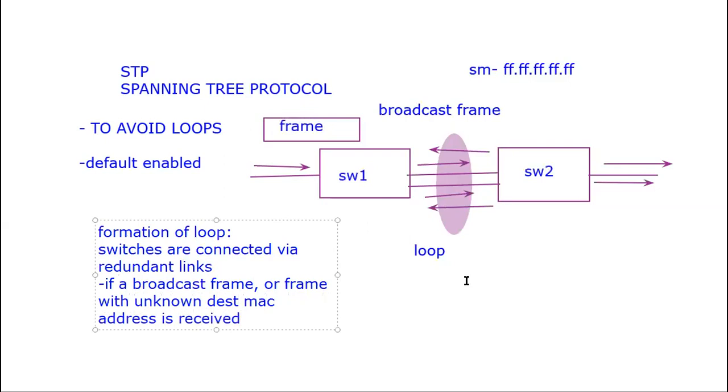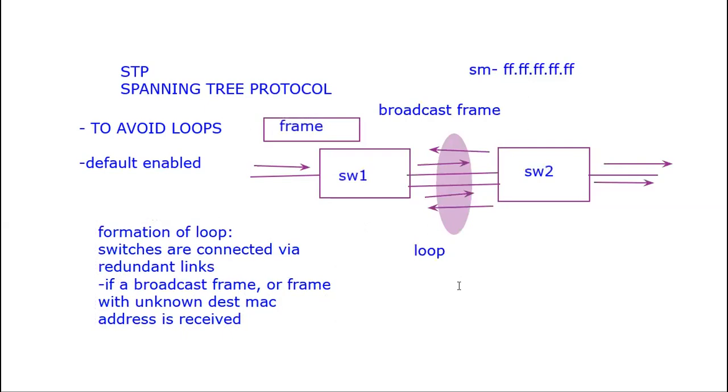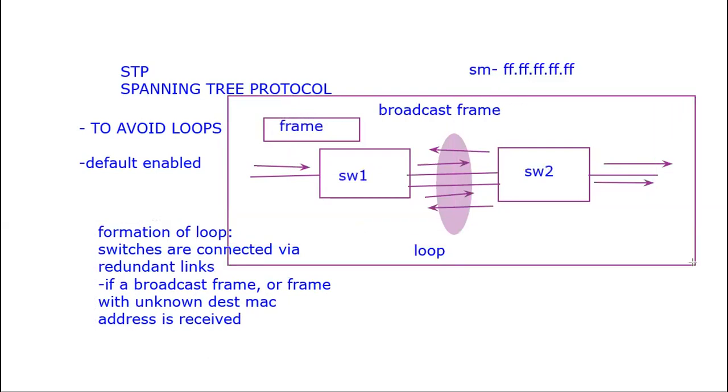So if the destination MAC is a broadcast or if the destination MAC is unknown, in that case, the switch will broadcast. So due to redundant links, loop will be generated. So in such a scenario, there are loop formations. Okay, so this is how a loop is generated.